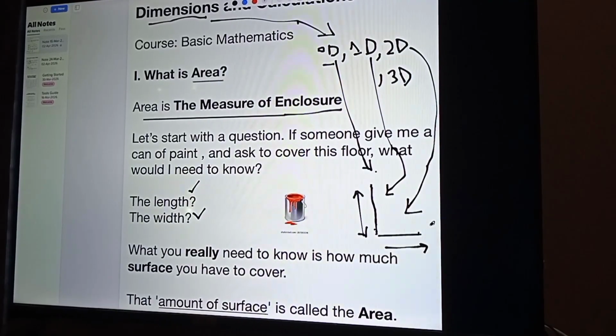Now we draw a third line like this, connecting these 2 points. Then this shape is a 3-dimension.